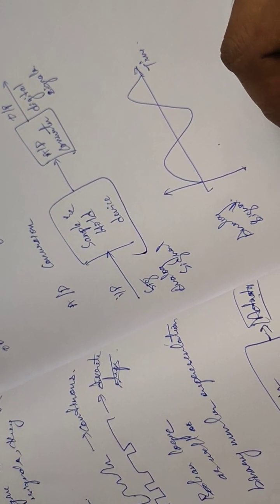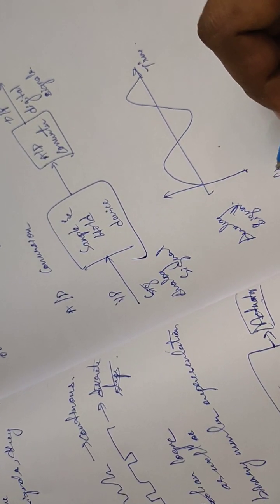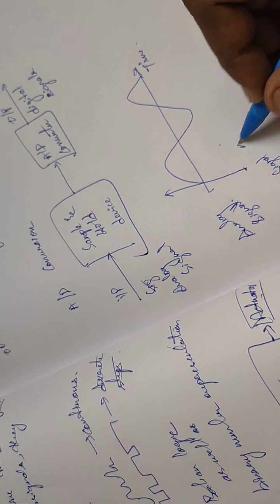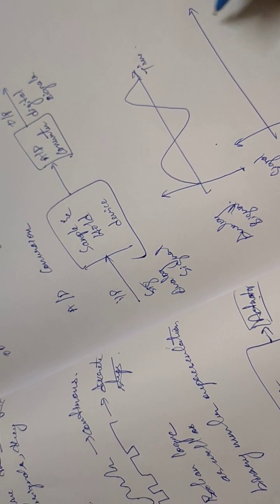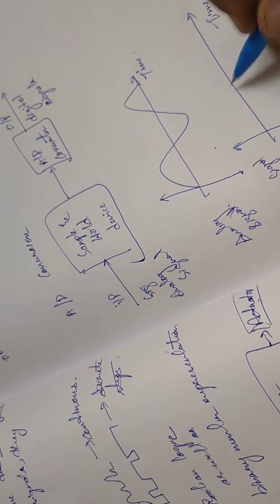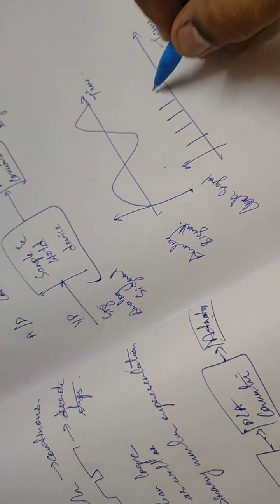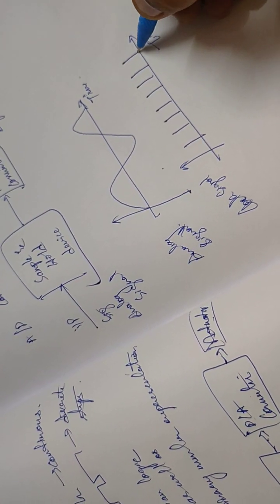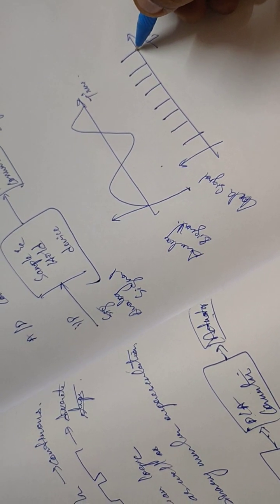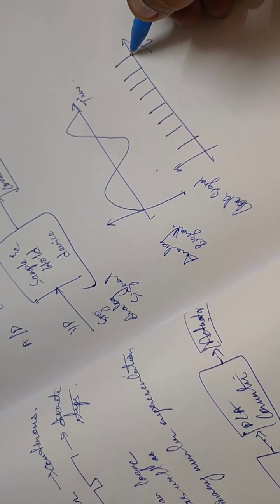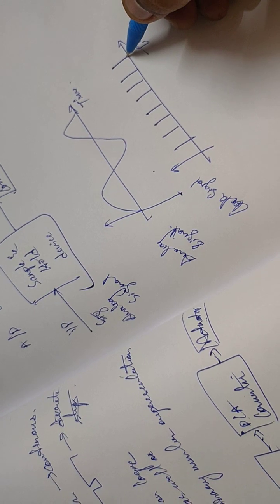This, let's say, is a clock signal, which occurs over time like this. The result of a sampling is a series of narrow pulses.